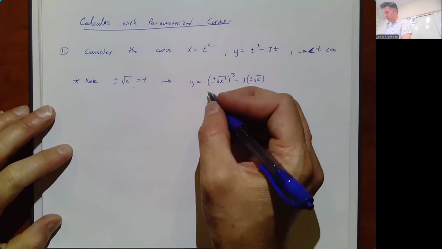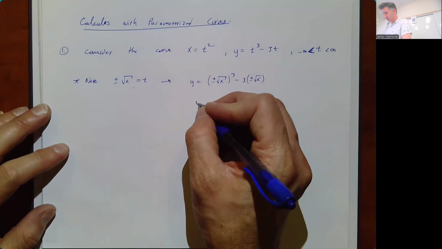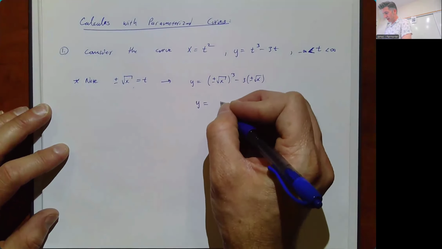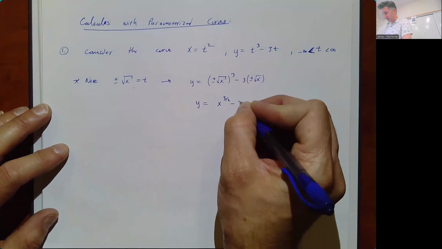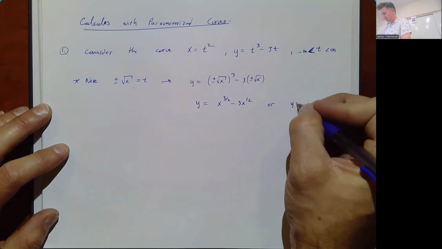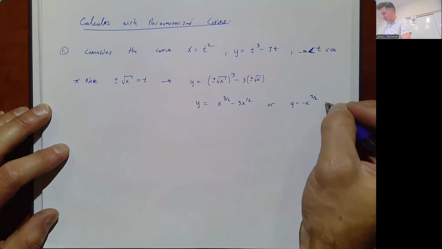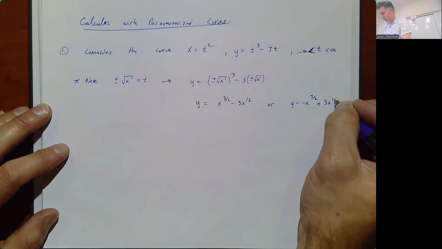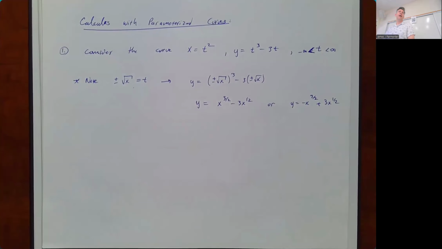If you break it up into two pieces, you either have y equal to x to the 3 halves minus 3x to the 1 half, or the other piece is y equal to negative x to the 3 halves plus 3x to the 1 half. Sure, that's nice, I guess, but again, I don't really have any idea of how that looks. It's not a graph that's typical to us.